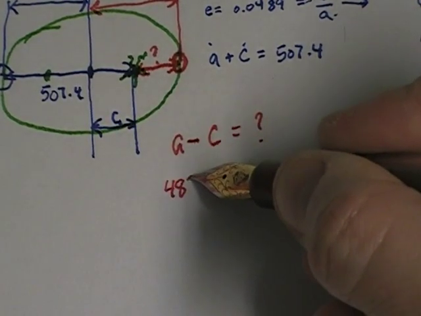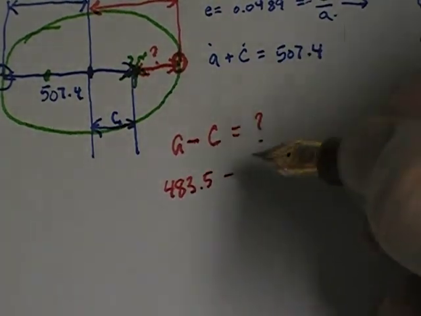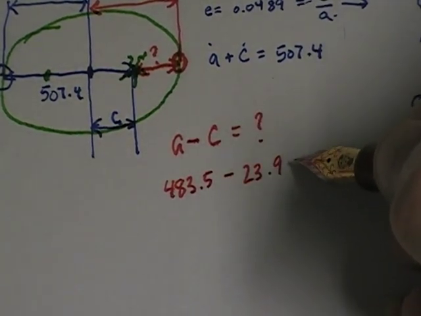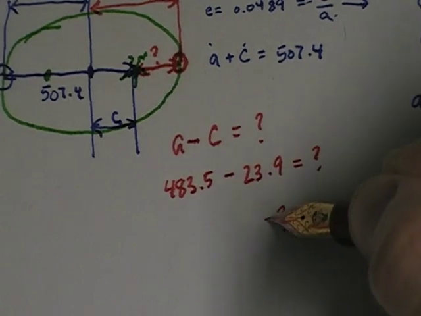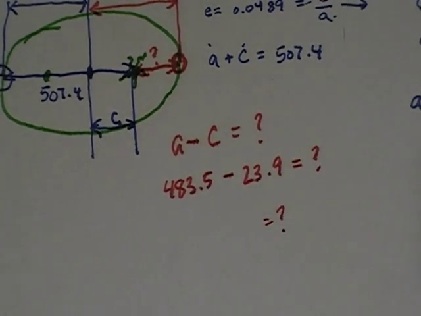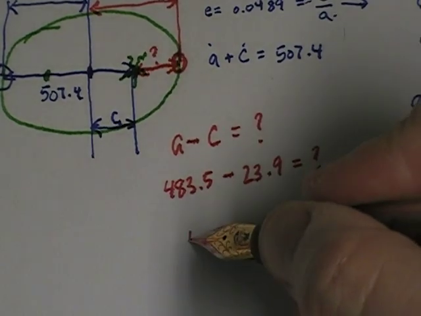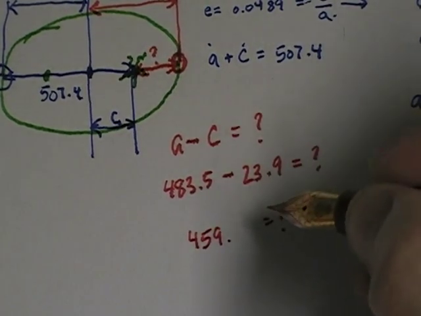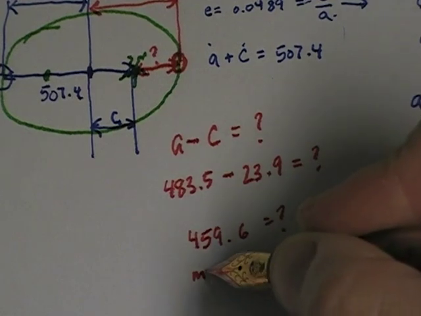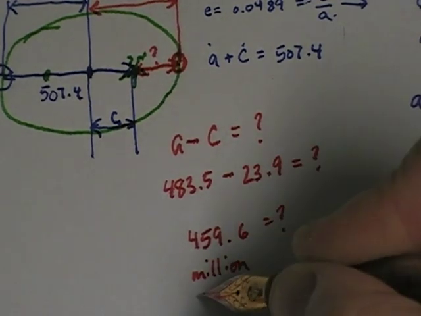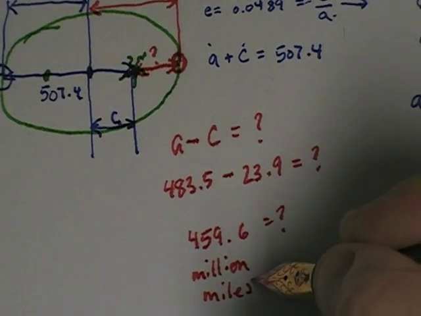Oh, well, I know these numbers now. So this is 483.5 minus 23.9. Okay. So we just do the math. 483.5 minus 23.9, and I get 459.6 million miles.